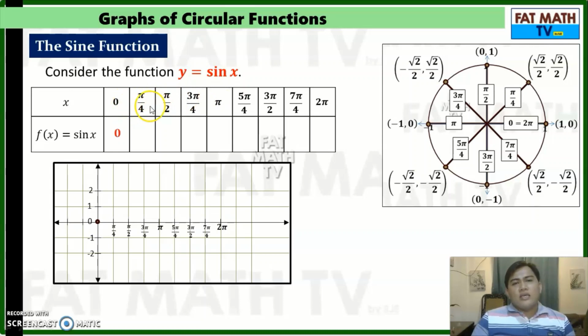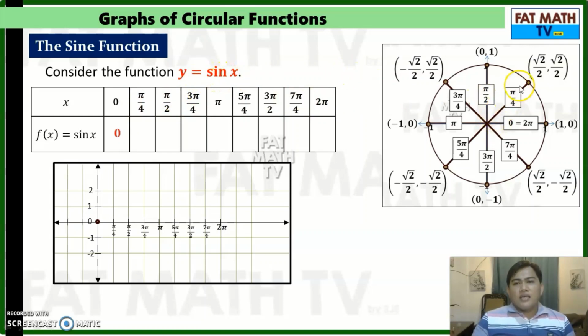As you can see here, the values that I chose for x are only multiples of pi over 4 so that we will not have a lot of values. With these values, hopefully, we can connect them to make a smooth curve. Okay, so if x is pi over 4, we will have sine of pi over 4.